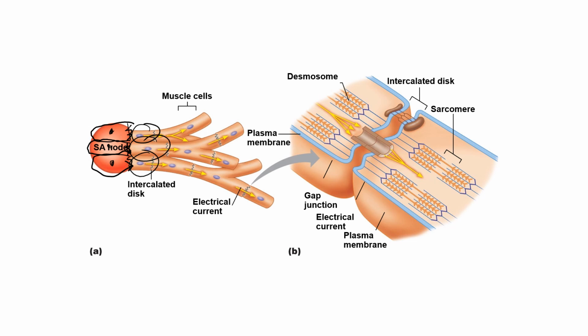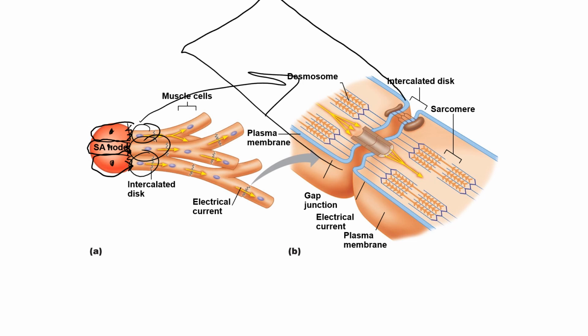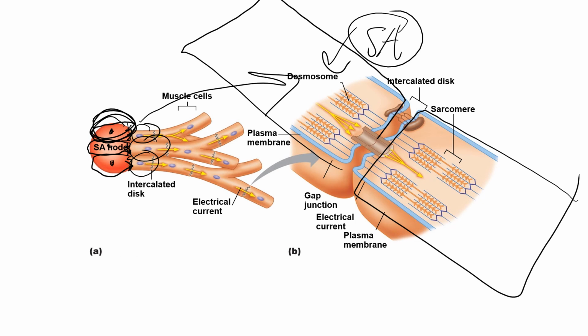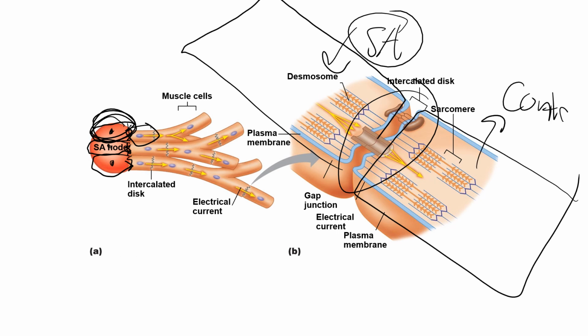I want you to look at this image over here on the right, and I want you to pretend that this is an SA node cardiac fiber. It's this one right here, okay, that I just drew. This is an SA node fiber, and attached to it through an intercalated disc is a true contractile fiber. It's actually this contractile fiber right here.